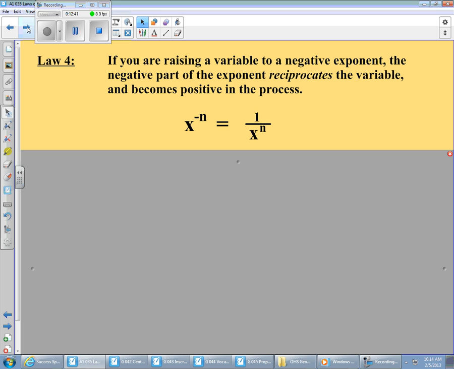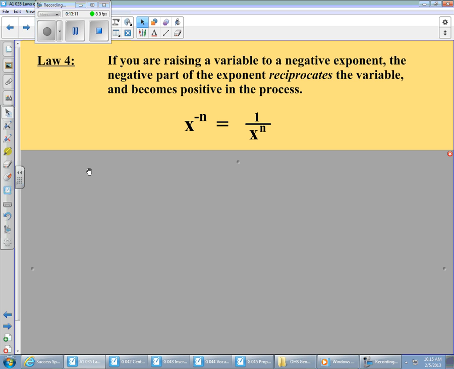If it's in the numerator, it's going to have to go to the denominator. And if it's in the denominator, it's going to have to go to the numerator. But when it does that, that takes the negative part of the exponent away. Okay, so like in this case, this is an x to the negative n that's in the numerator. Okay, so putting it down into the denominator takes the negative part of the exponent away, and it becomes x to the positive n.